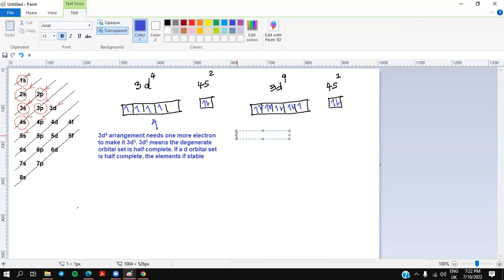Likewise, I will go to the next one. Here we have 3d9.